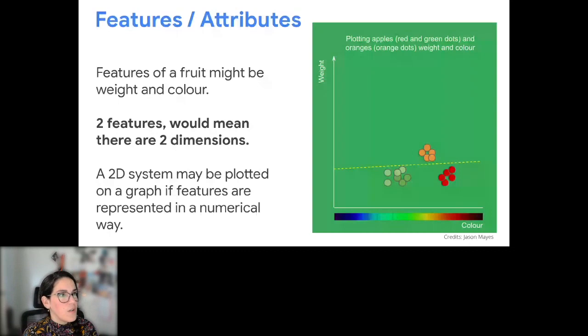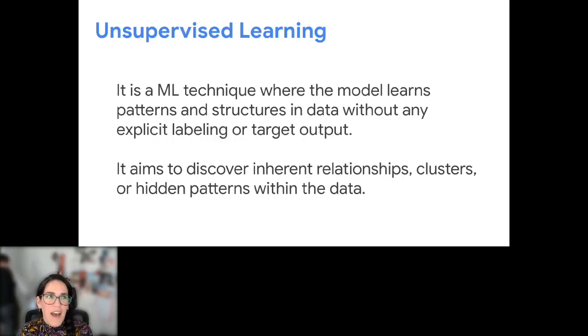Now let's talk about unsupervised learning. Unlike supervised learning, which was the one that we saw before, unsupervised learning really doesn't have a predefined target variable. What the model does is explore the data to find insights and patterns.